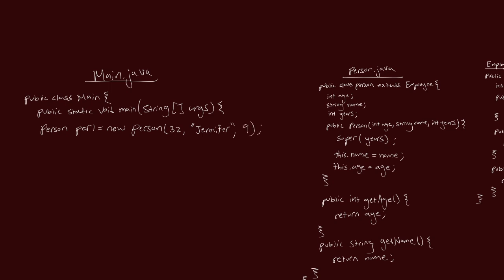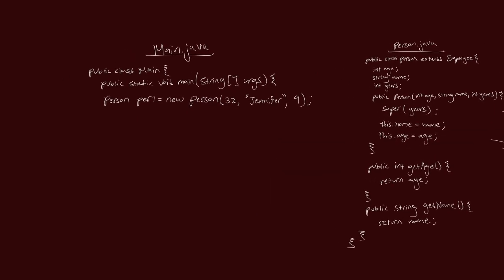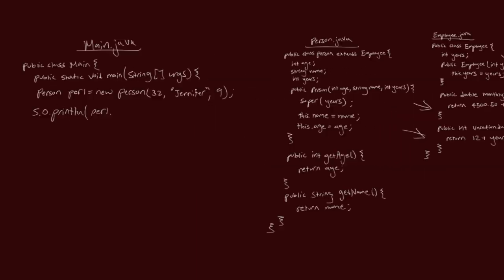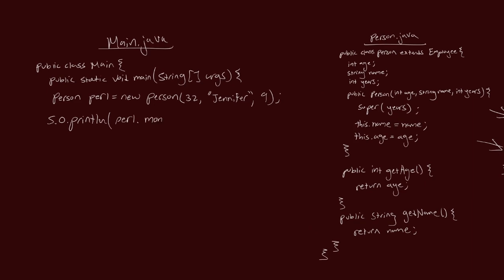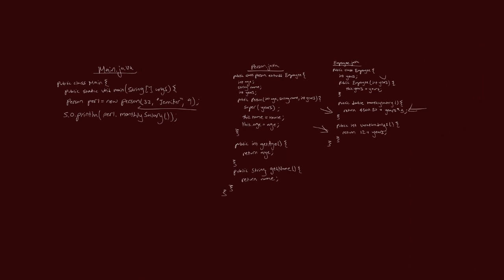Now we're going to see their monthly salary and their years. So we do system.out.println, and we do per1 dot, and then we call the monthly salary method. Let's see what's going on here.